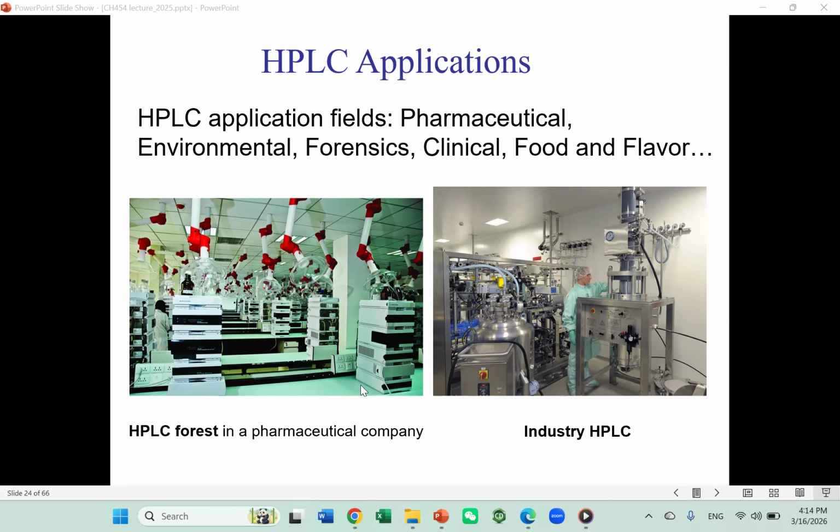For example, pharmaceutical: identify counterfeit drugs. This morning I gave one example to my organic chemistry lecture students. Some pharmacies purchase medicine from India, but there are inactive components in the medicine.